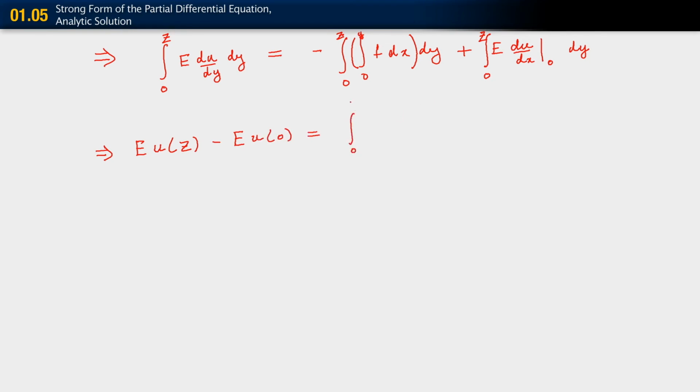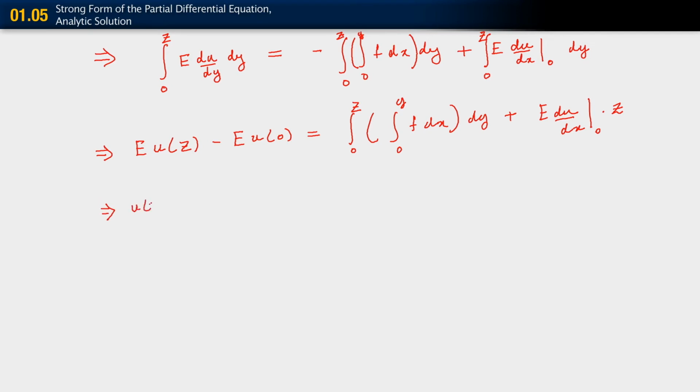So we have an integral 0 to Z, integral 0 to Y, f dx dy plus integral 0 to Z. Actually, this last integral can be made fairly simple now, because it is just E du dx evaluated at 0, times Z. Okay? So this is the final form that we get.